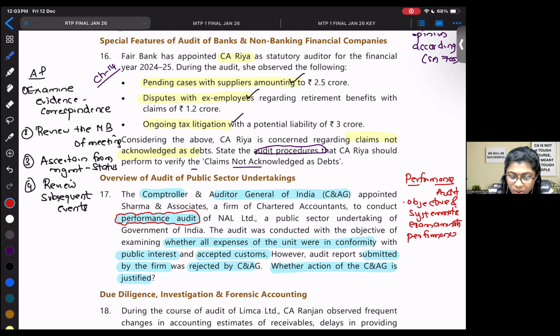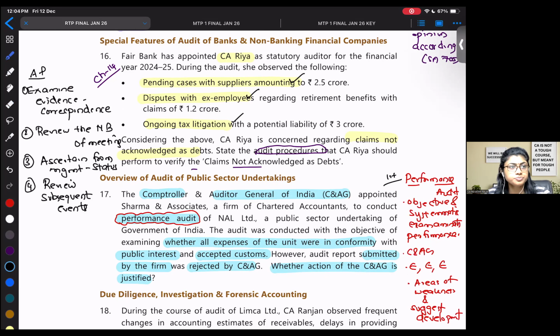It is conducted by the Department of C&AG only, where you verify efficiency, economy, effectiveness. Why is performance audit done? To identify areas of weakness and suggest improvement and development. So this full para you have written about performance audit.